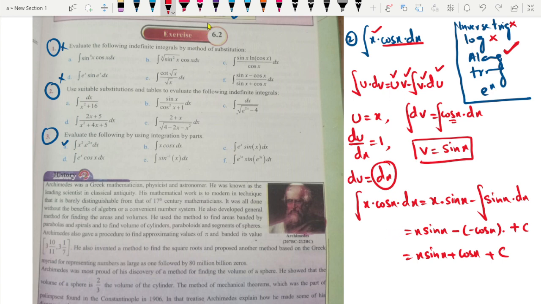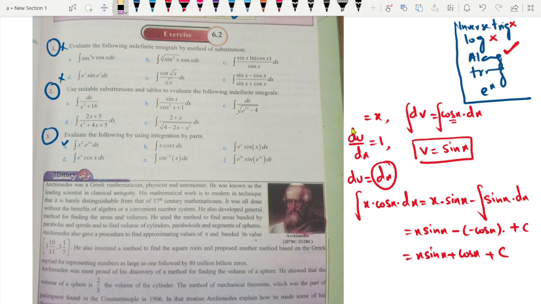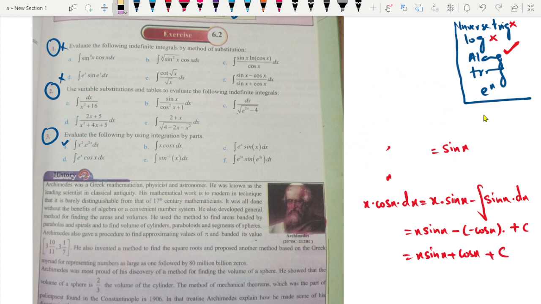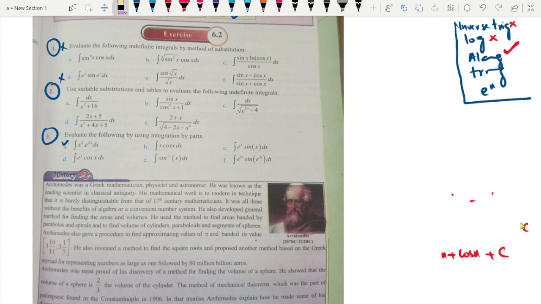Now the third part. The third and the fourth parts are similar, and we have discussed questions like this in the examples, but here we solve the question: the integral of e to the power x sin x dx.